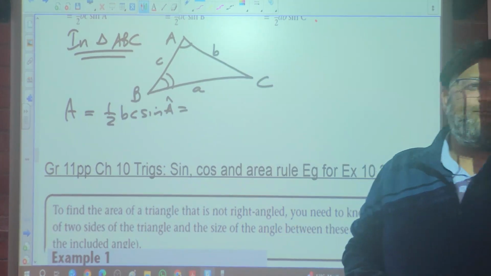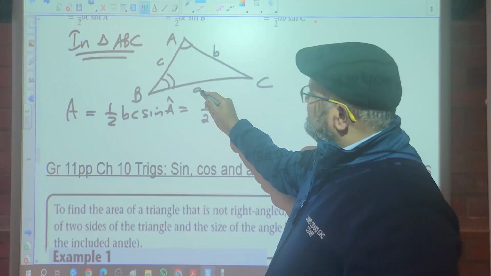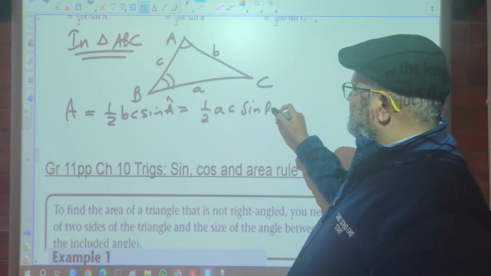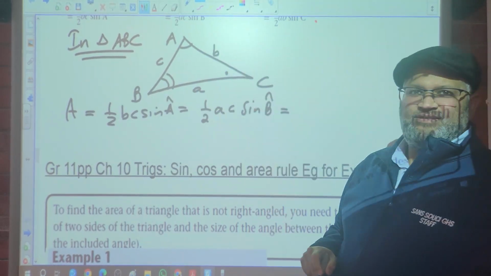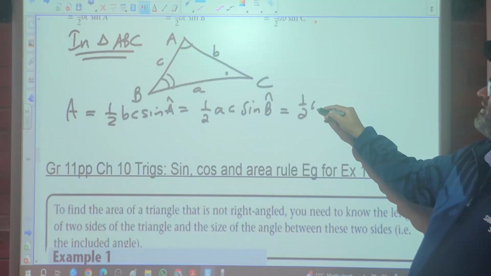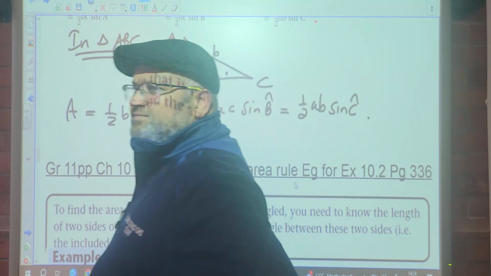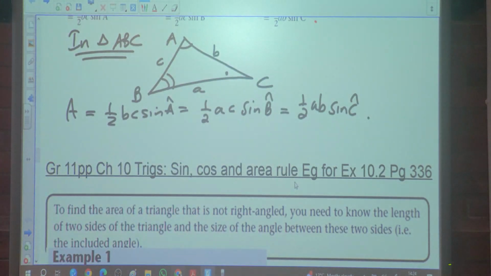Half ac sine of angle B. What if I know angle C? Half ab sine of angle C. It just depends what you have, people. If you have angle A, it's half bc sine A. If you have angle C, it's half ab sine C. If you have B, it's half ac sine B.